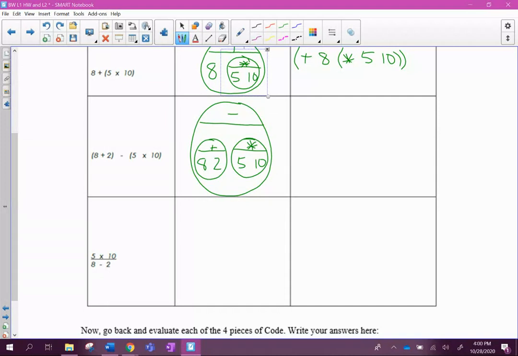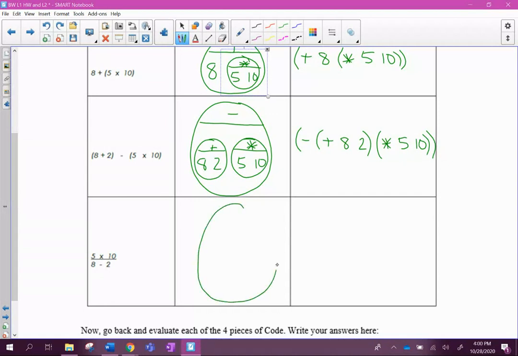So with my code, we start with our parenthesis. My overall operation is subtraction, and then each of those circles is going to have its own code. The first one is addition, 8 and 2. We're done with that one. The second one is multiplication, 5 and 10. We're done with that one. Then we need to close the original.